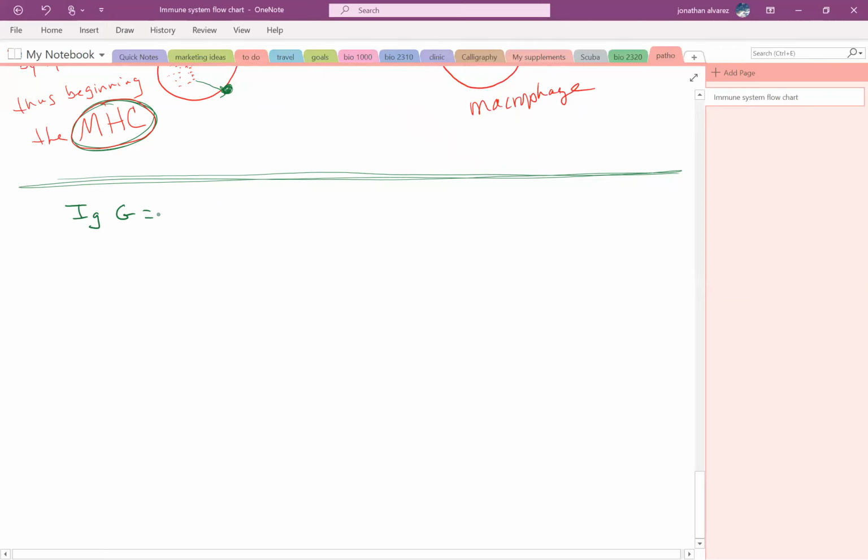So the IgGs provide the body with the most abundant, we'll just say protection. So there's tons of them. They will go in and do that whole antigen antibody complex thing. And these are also the only immunoglobulin to cross the placenta barrier.